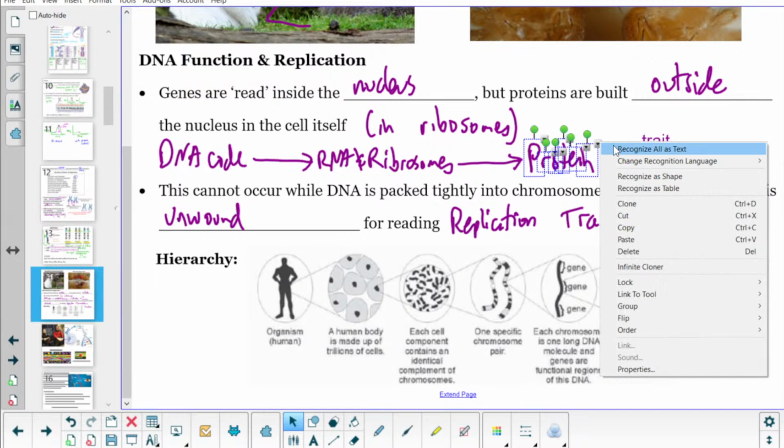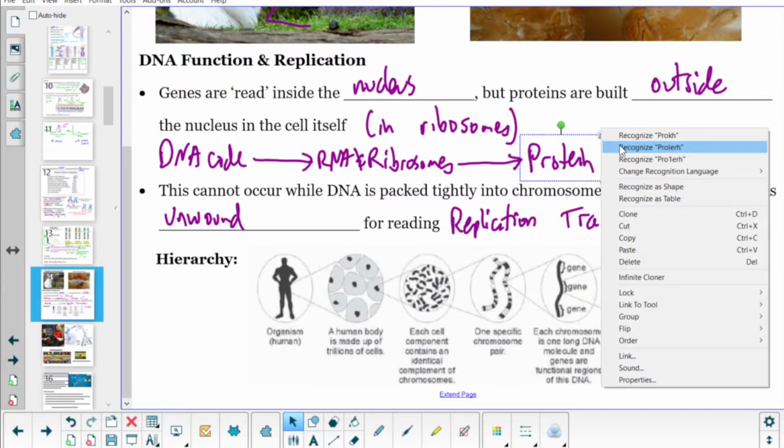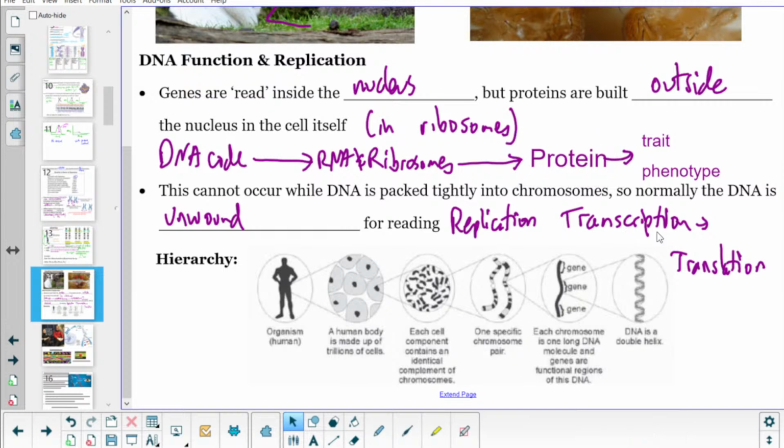Transcription. Transcription and translation.